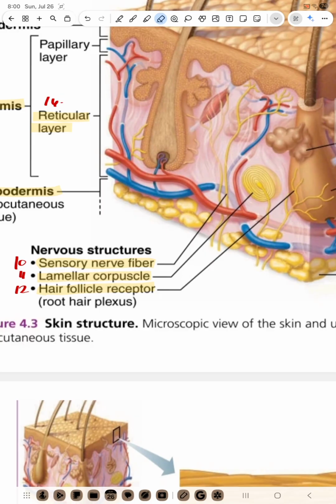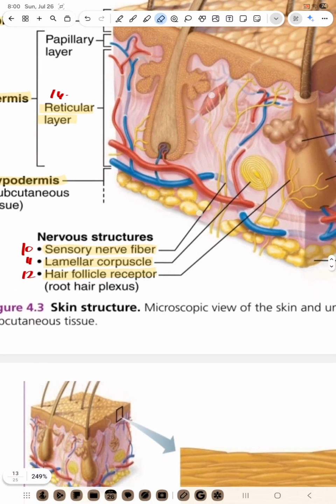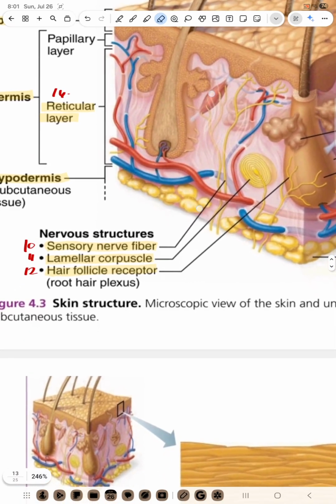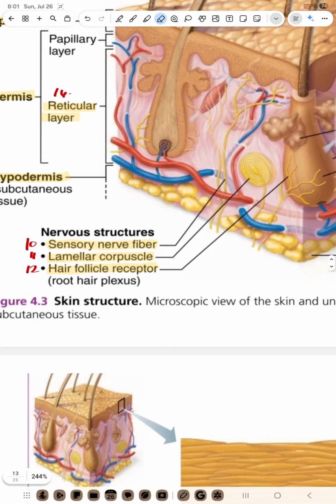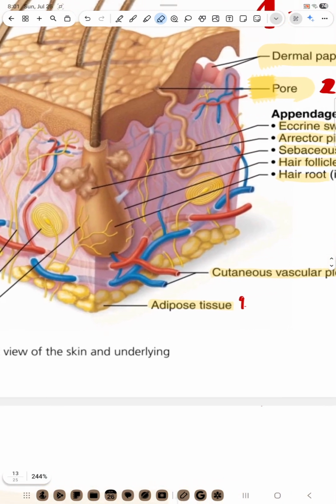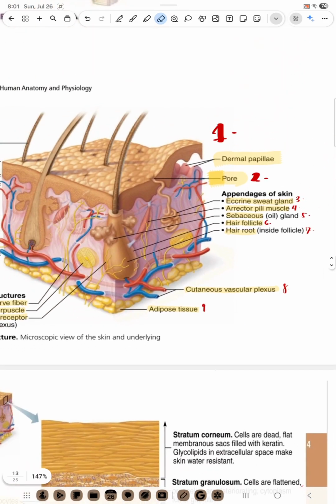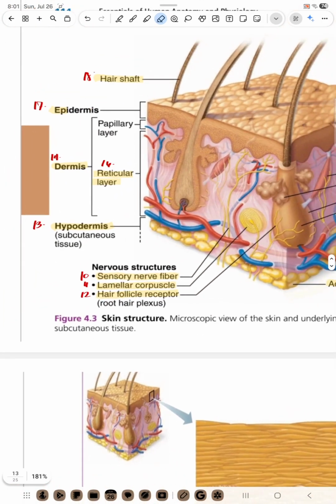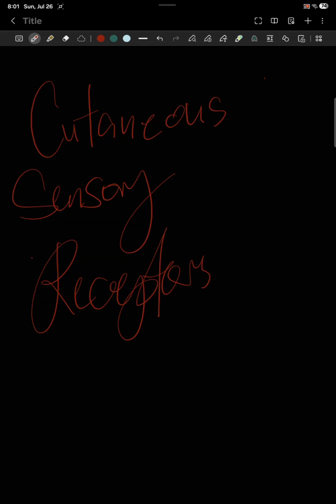So yeah. So next is our cutaneous sensory receptors, which are actually part of the nervous system, no? It is located sa atong skin. So kaning si cutaneous sensory receptors, part na siya sa atong nervous system and located na siya sa atong skin.